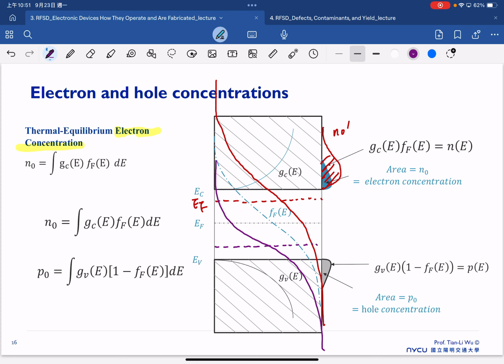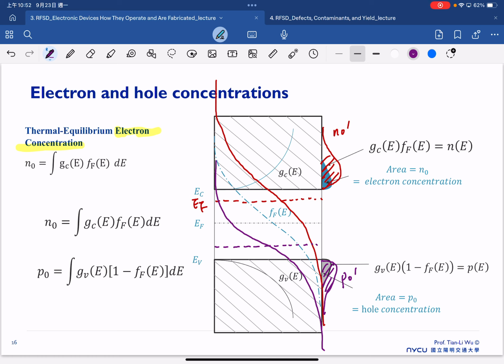And now the overlap region for the hole is increased. So finally, you can completely forget the concept of the density of states and the Fermi probability distribution function, but you still need to understand the EF here.